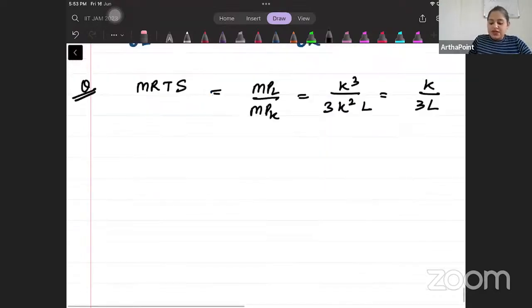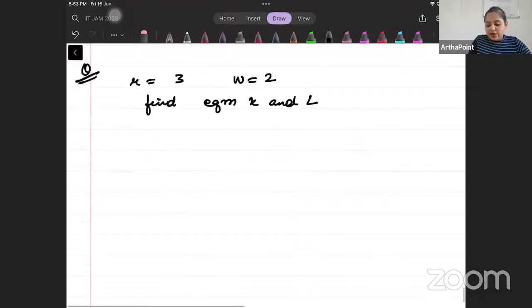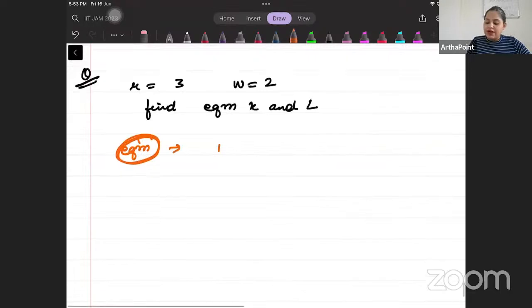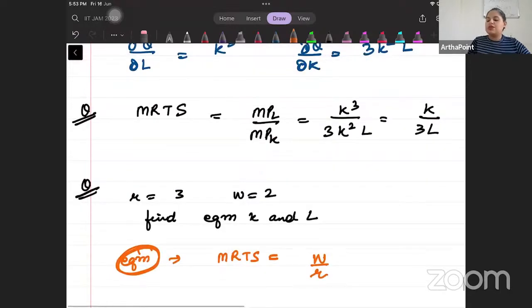Now the next part says that you're given rent as 3, wage as 2, find equilibrium K and L. Right? So we know that at equilibrium, we want to equate MRTS to W by R. So MRTS is K by 3L.